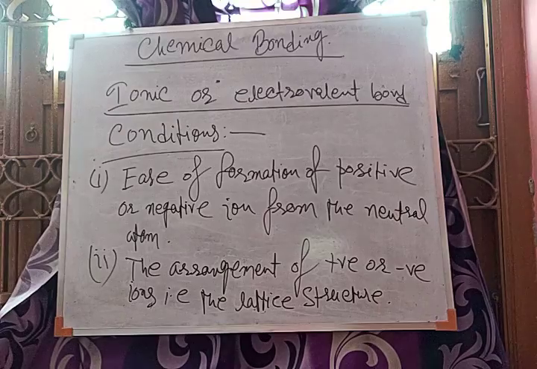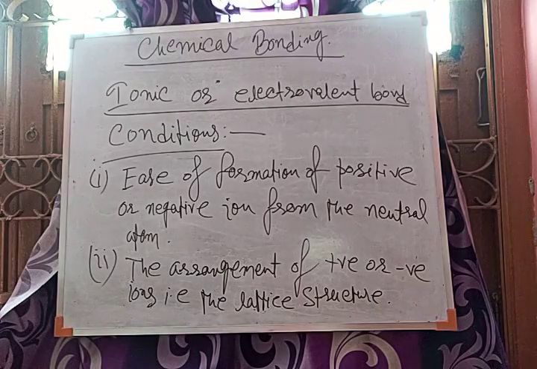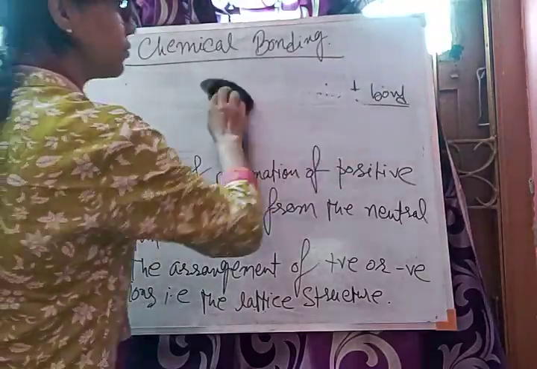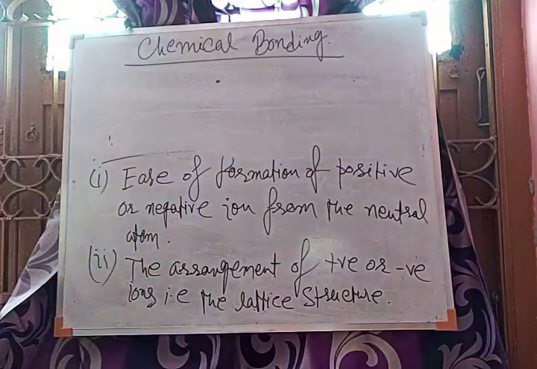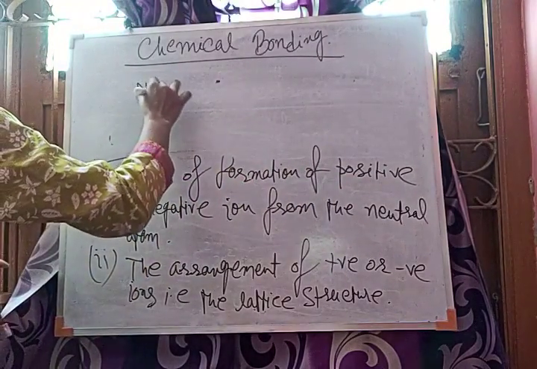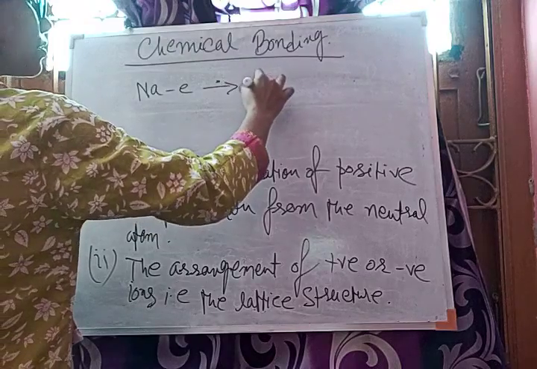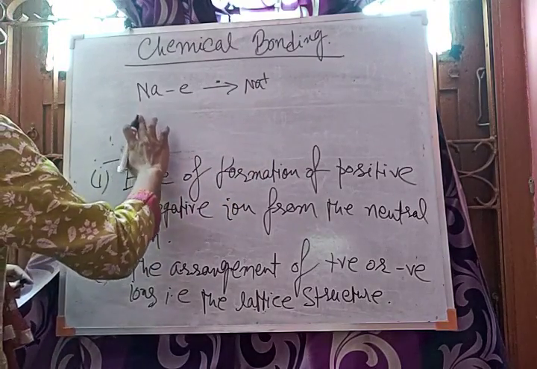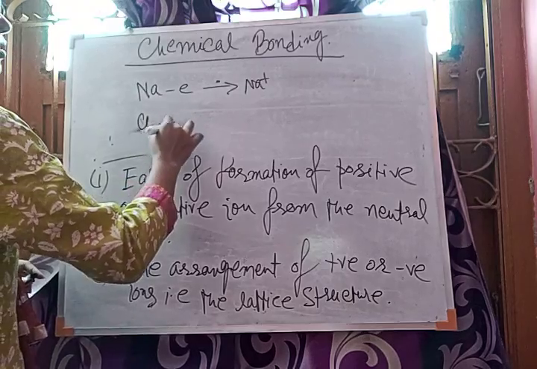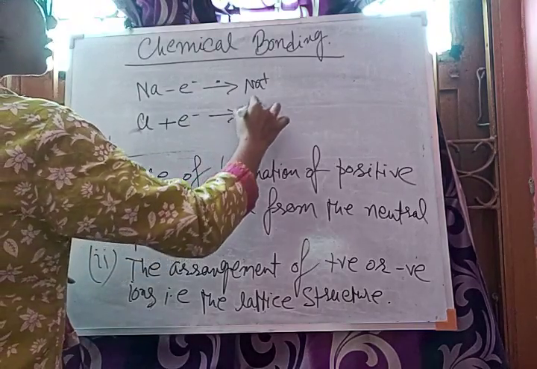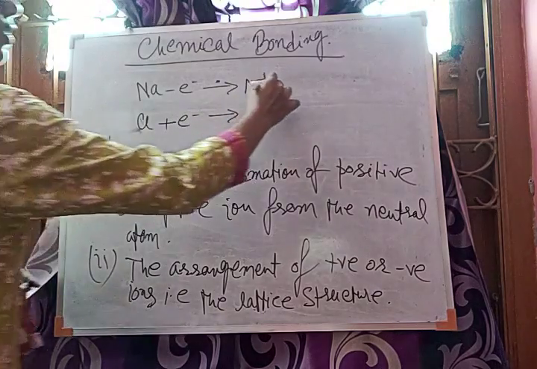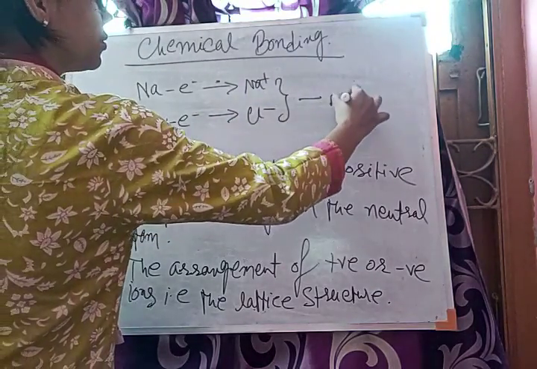If you remember the formation of the ionic bond of NaCl, the first step is Na minus e forming Na plus, and second, chlorine is gaining an electron and forming Cl minus. Next these two combine, forming NaCl.